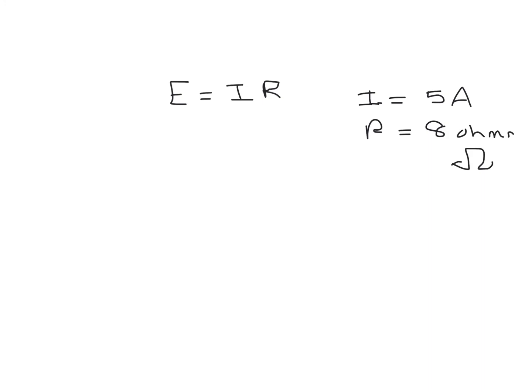So you could easily solve for the E. 5 times 8, the voltage in this case would be 40 volts. No trouble at all. E equals 40 volts. Use those nice, simple numbers and think about how they would play into when you manipulate a formula.